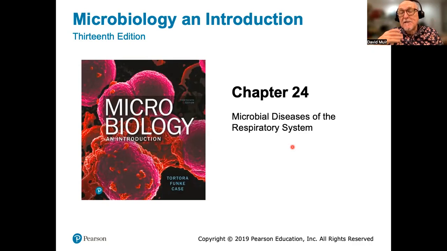So it's not surprising that in all animal populations, but we're considering human populations, the two groups of bacterial diseases of the greatest importance, with the biggest impact on human mortality, are respiratory diseases and then diseases of the gut, because those are the two major ways that bacteria can gain entry into the sterile interior of the body. So we're going to talk about diseases of the respiratory system first of all.